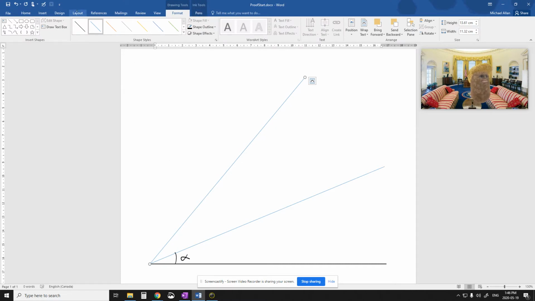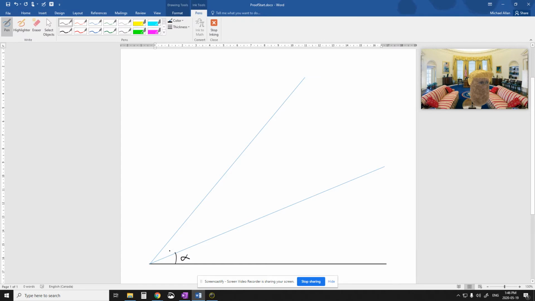Angle beta. Now the only thing that I know for certain is that from this bottom corner all the way up to the end of that one, I don't care about the ends of these other two, this distance from the very bottom to the very top, I'm going to label that 1.